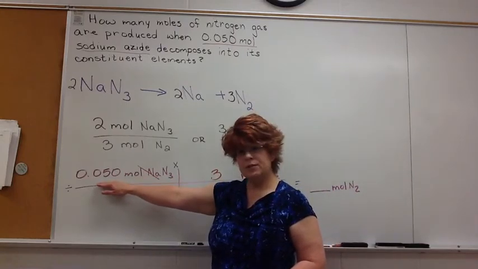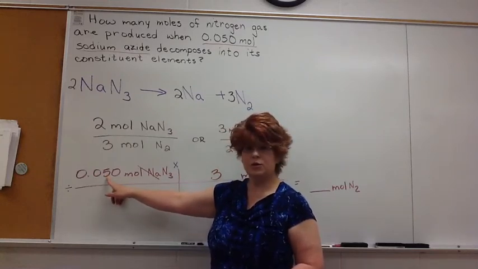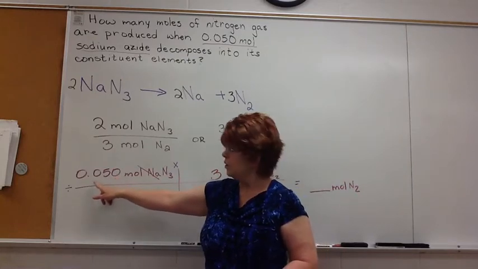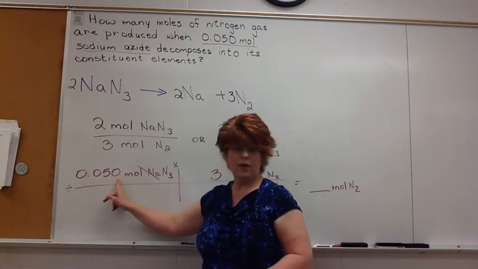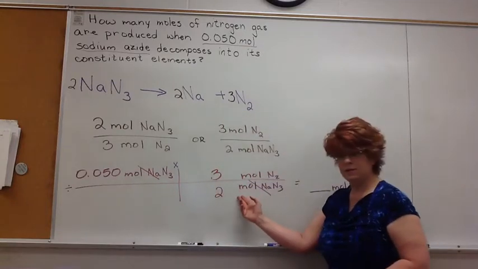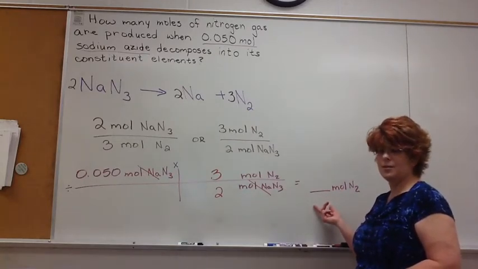So how many significant figures does it have? Well, this first 0 is a leading 0, so it is not significant. This is non-zero, so of course it is significant. A final 0, where I see the decimal, so I know that that's significant. So I have 2 significant figures here, infinite here. So I'm limited to 2 significant figures in my answer.